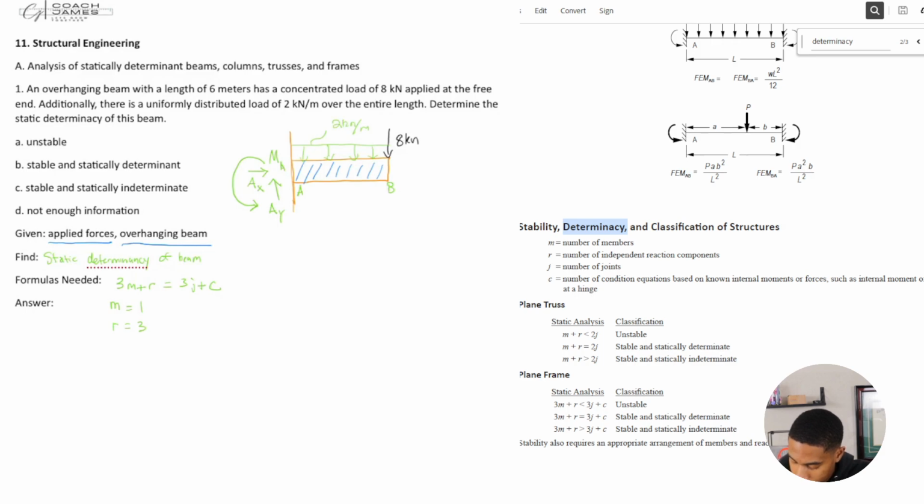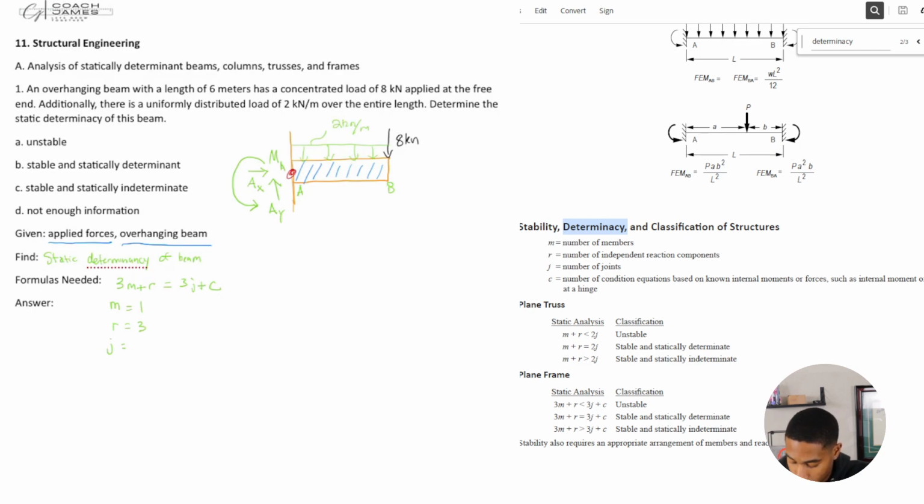What about joints? Joints is how many particular places your beam or your frame is glued to a certain piece. To connect the two, you need your fixed support and your beam.